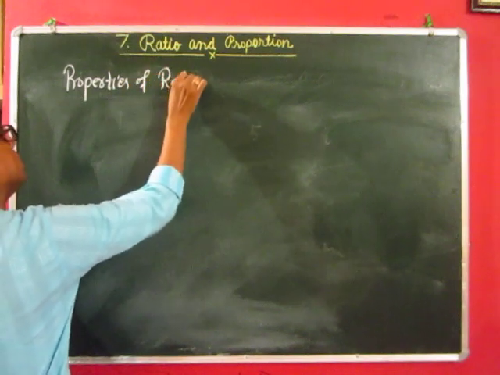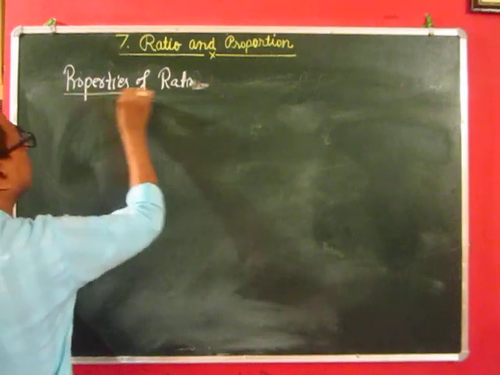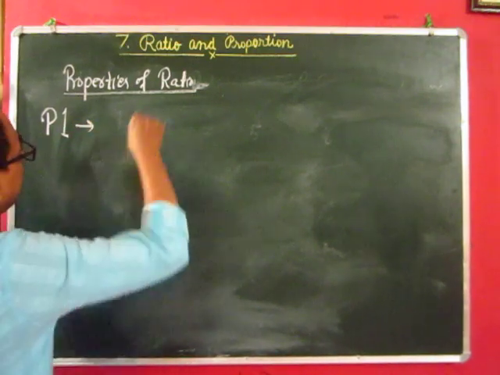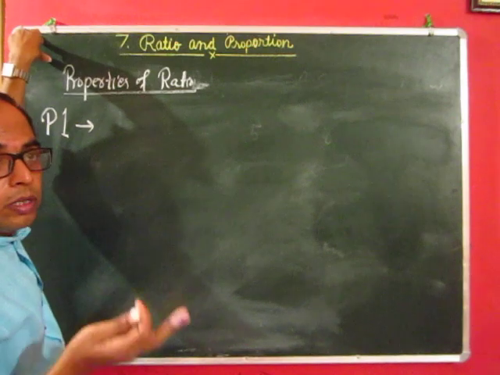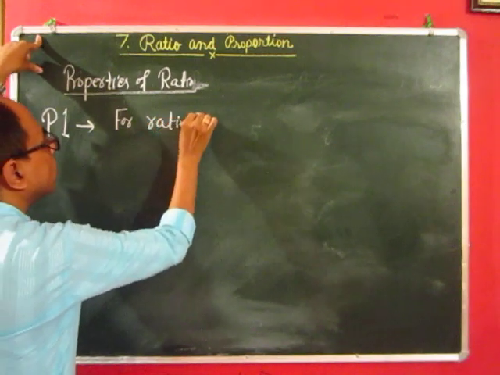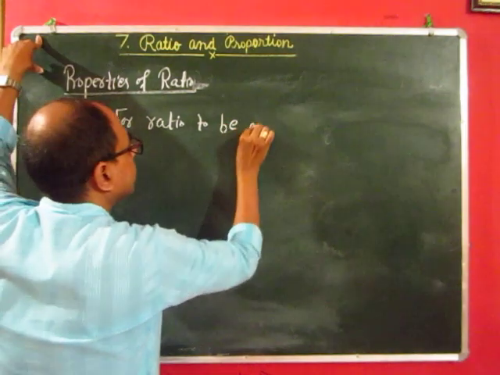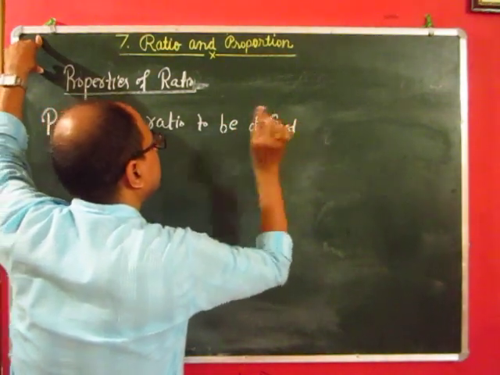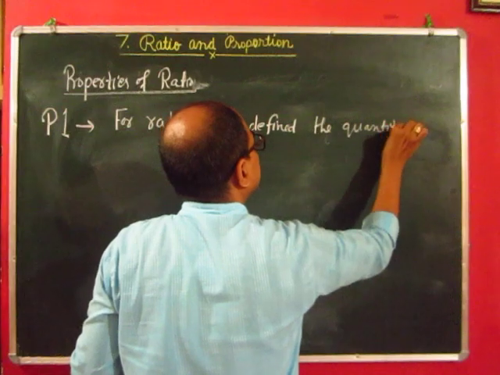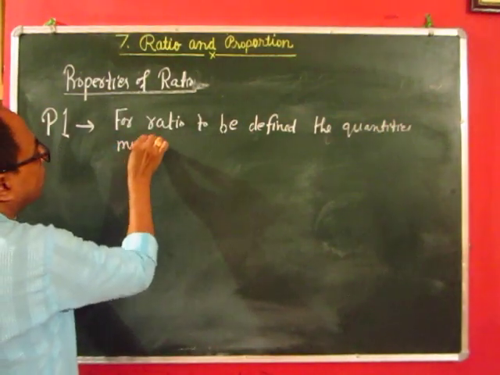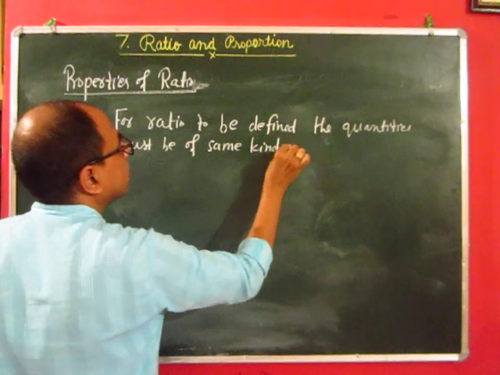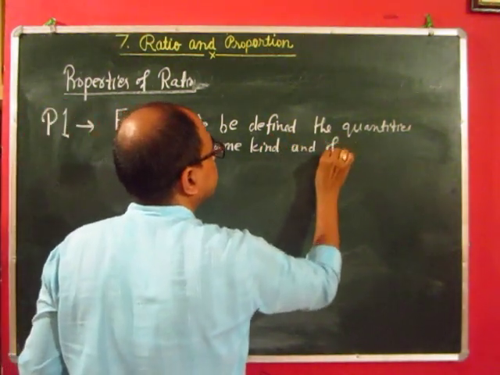First property: for a ratio to be defined, the quantities must be of the same kind and of the same unit.